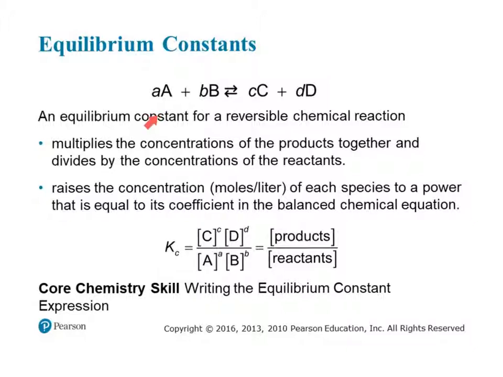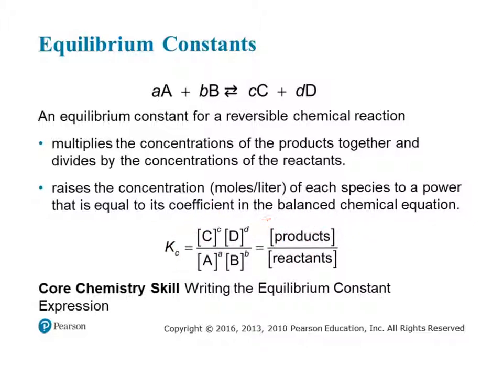For example, we have the world's most generic chemical equation of a moles of A reacting with b moles of B to yield c moles of C and d moles of D. So our equilibrium constant is the concentration of C to the c power times the concentration of D to the d power, products divided by reactants: the concentration of A to the a power, the concentration of B to the b power. And that's your equilibrium constant.